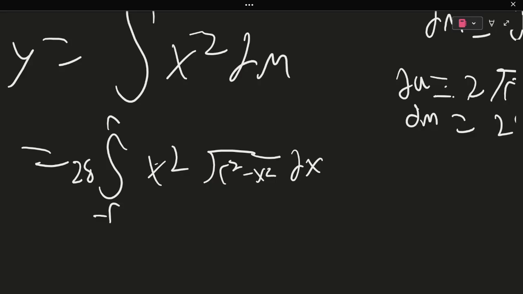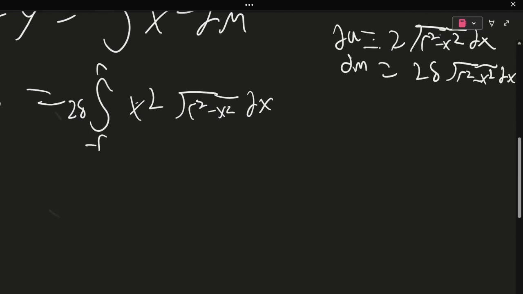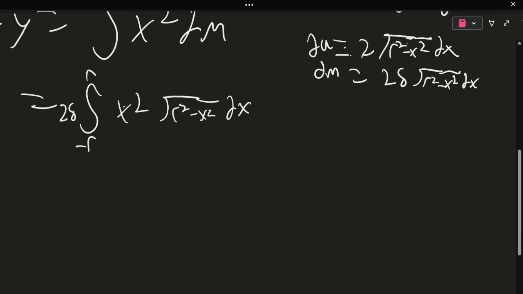Now that we have our bounds and we have our integral, we can go ahead and start integrating this thing. The first thing we notice from this equation is that it is a difference of squares, which leads us to a trigonometric substitution.